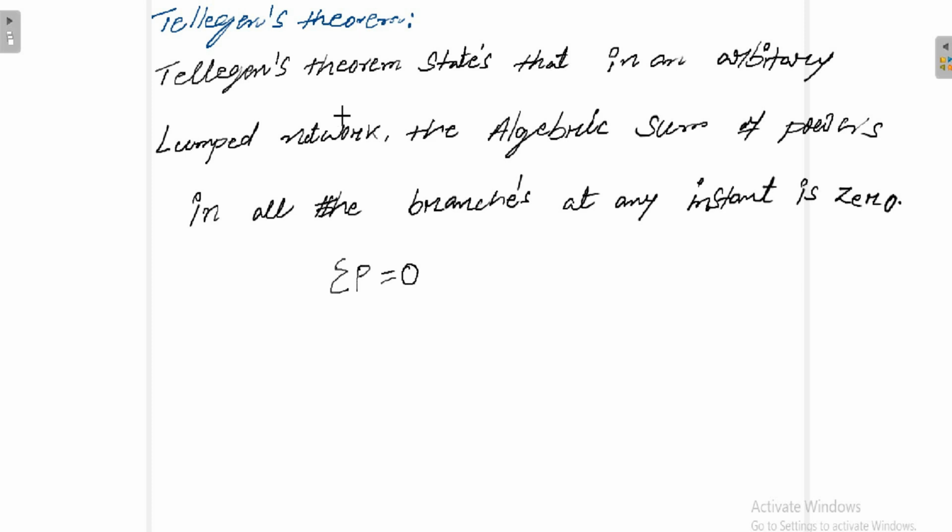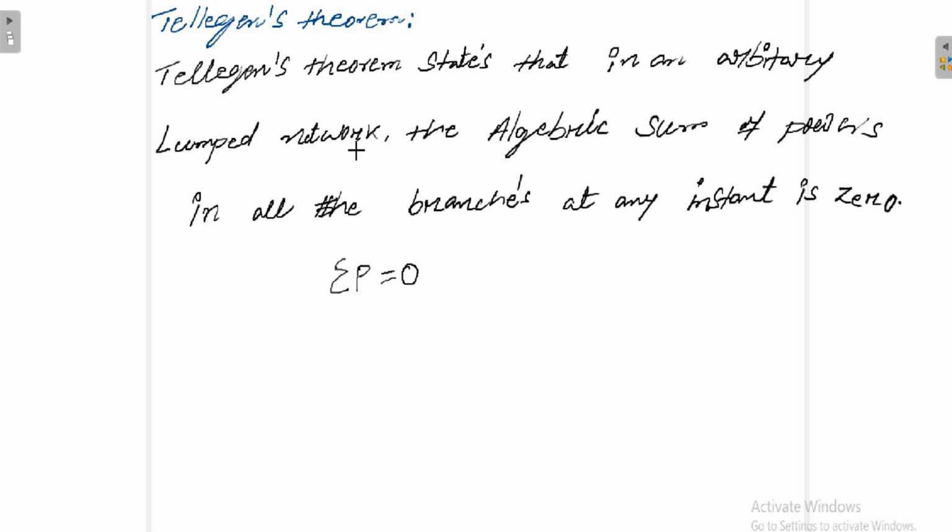So already we have seen the superposition theorem, Thevenin's theorem, Norton's theorem, and maximum power transfer theorem. From the GATE point of view, these theorems are very important. Sometimes in competitive examinations, they will ask theoretical questions on Taylor's theorem or Millman's theorem.